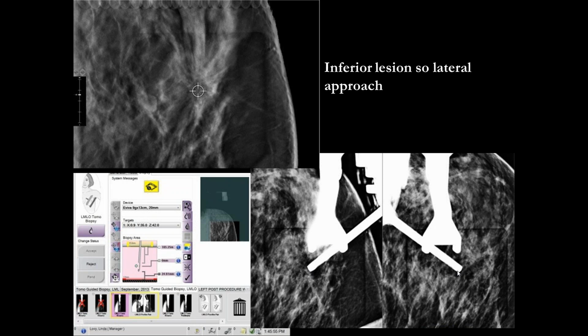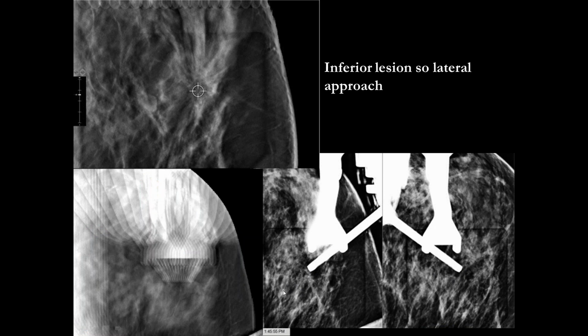Now these are two-dimensional views, and I see my needle. And if I want, I can bring the targeting cursor down to see the relationship of my needle to the targeting cursor, which I would probably do in this instance because I can't see the lesion on the two-dimensional pair, which I anticipated.